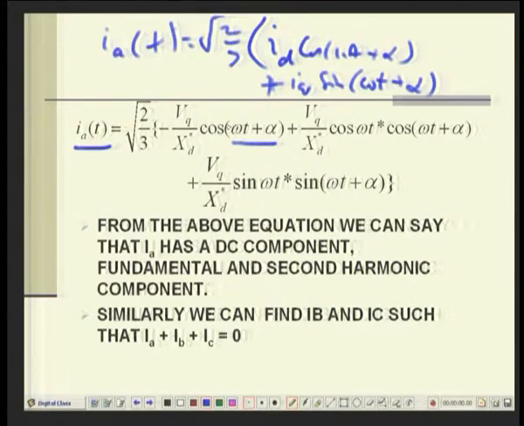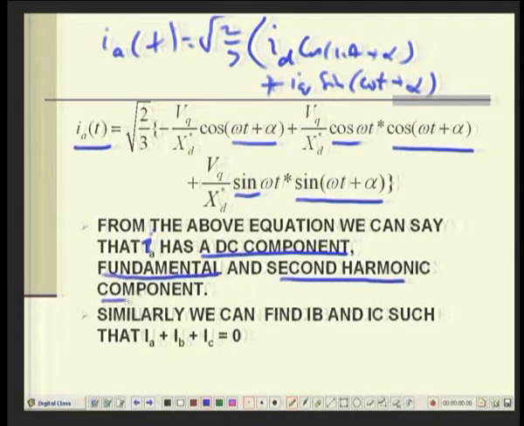Double frequency. So, it will have cos omega t plus alpha, sin omega t plus alpha. So, from the above we can say that the current IA has a DC component and it will also have a fundamental frequency component, and a second harmonic component.